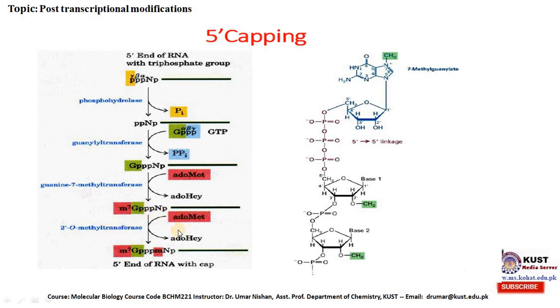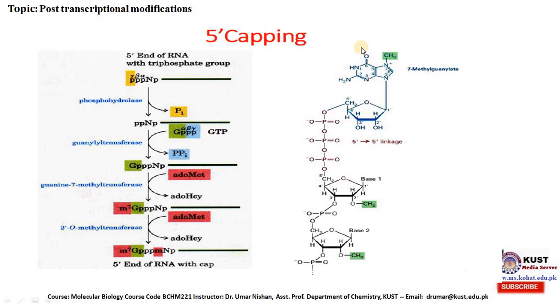Now again adomet will enter another one, and this adoHcy will be removed. This will be done with the help of 2'-O-methyl transferase, and as a result of this, we get the 5' end of RNA with cap. So this is showing how the 5' linkage is happening.